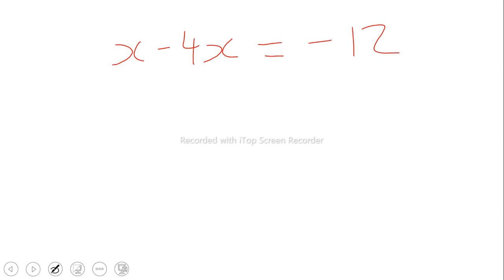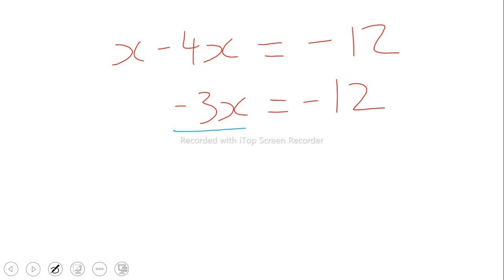So what is x minus 4x? Negative 3x. Very good. Negative 3x equals negative 12. Okay. Then we are going to divide both sides by negative 3.